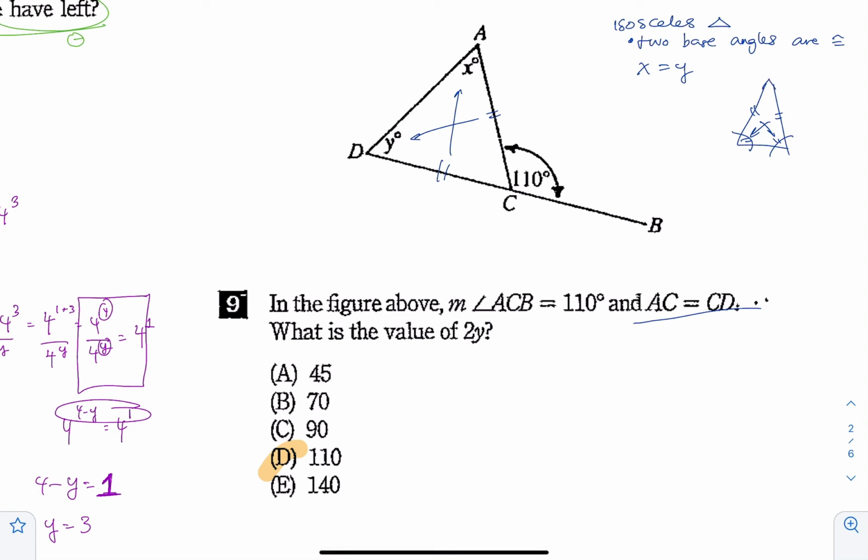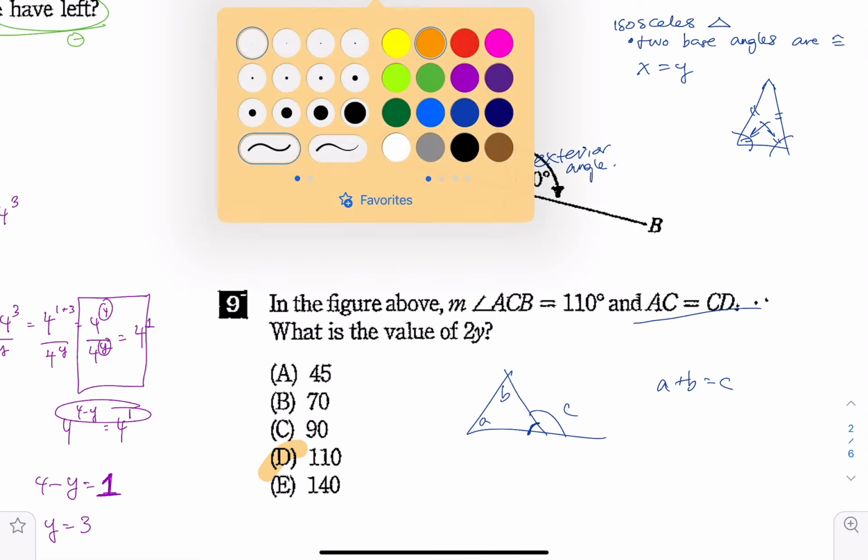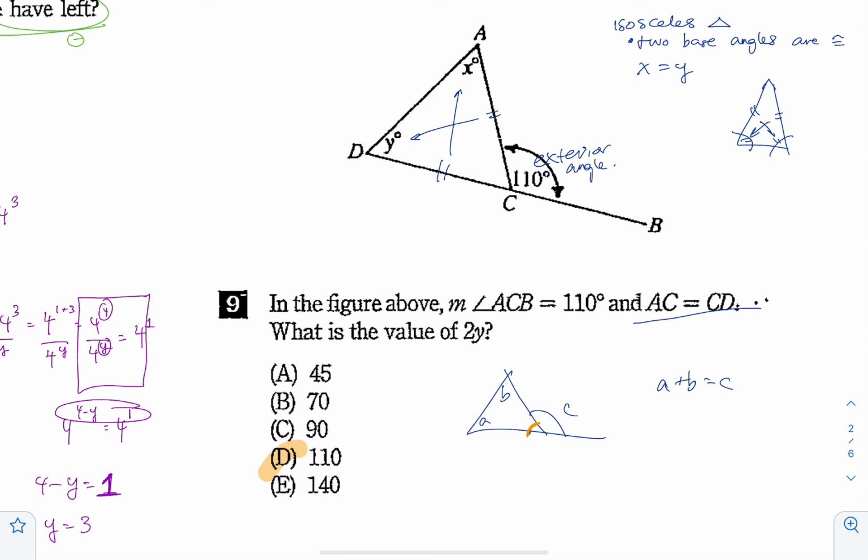Now from here, you know that 110 is actually called an exterior angle of this triangle. And there's a formula that states that the exterior angle C is equal to the sum of A and B. And that's because you can use this angle here that connects both the triangle and the straight line together.